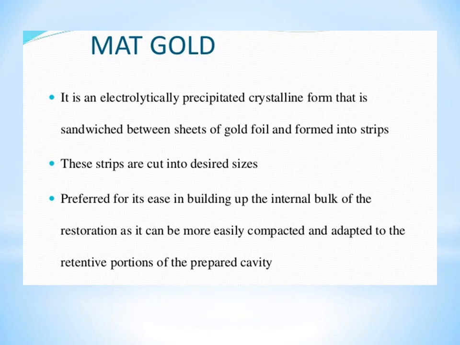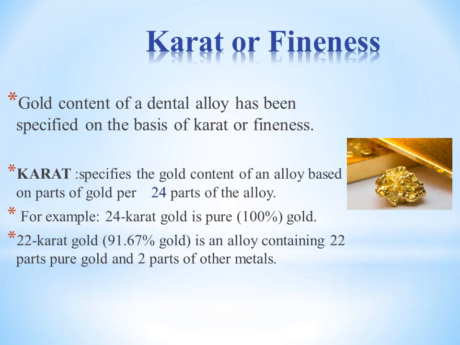Now, the quality or the gold content of a dental alloy can be specified on two bases, the carat or fineness. I'm sure you have heard the term carat before. What does this specify? This is the gold content of an alloy based on parts of gold per 24 parts of the alloy. So we are talking about 24 parts of the alloy, that how much gold content is present. For example, 24 carat, you all are familiar with it.